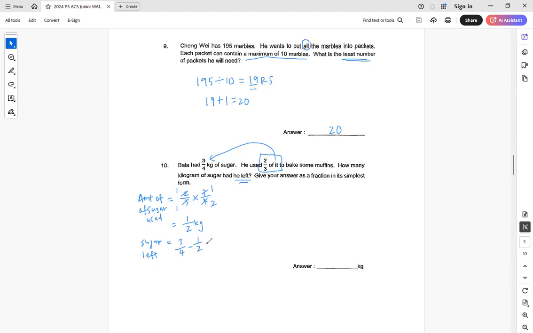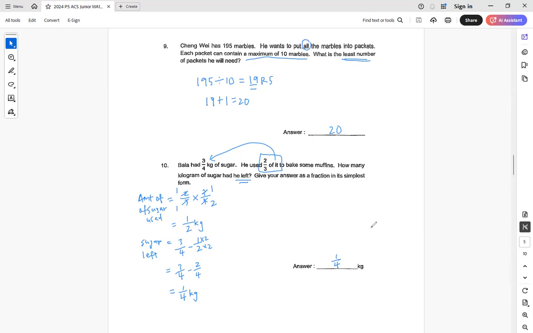When you do addition or subtraction of fractions, you always have to make sure the denominator is the same. So this one, I have to times 2 to make it 4 as well. So it will become 2/4. So 3/4 minus 2/4 will give me my answer, 1/4 kg. So I can write it down here.